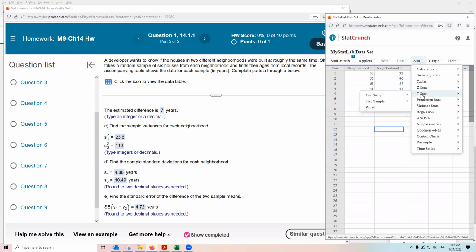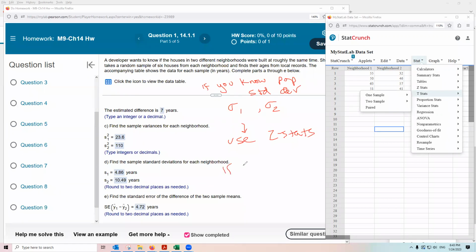Well, if you know the population standard deviation, in this case, I would label that as sigma 1, sigma 2, then you would use Z-stats. But if you only know the sample standard deviations, that's when you use T-stat.